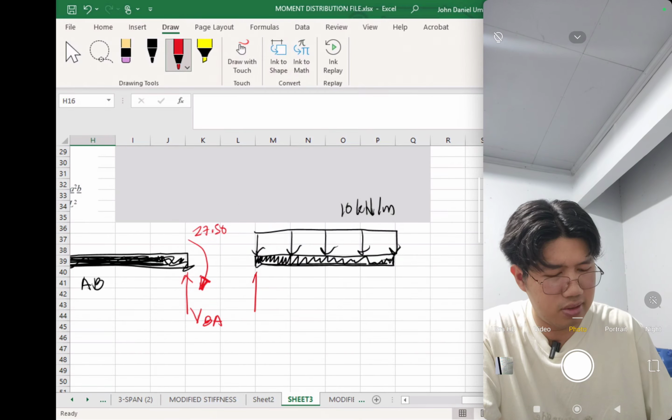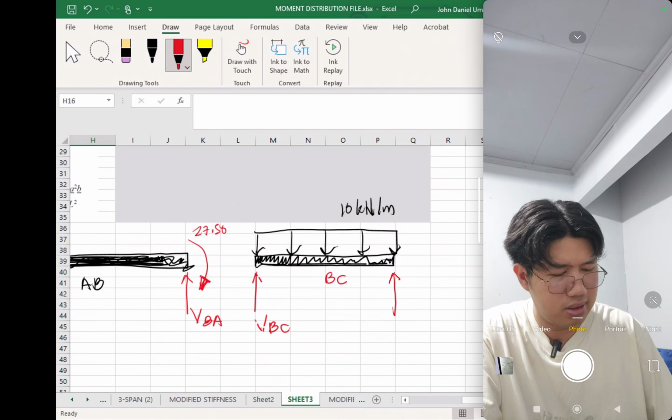Tapos, meron kang shear sa joint B, which is, in this case, since BC ito, member BC, VBC, and then VCB.